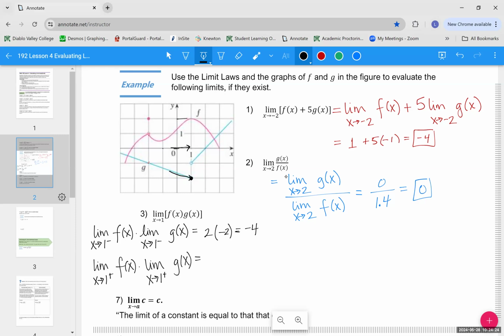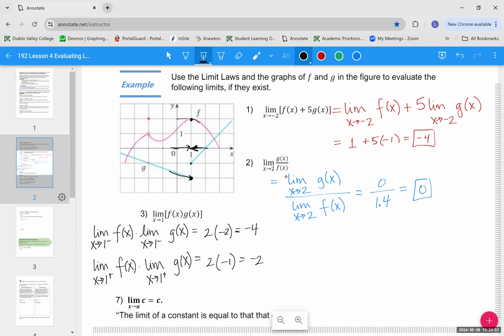So I think we mentioned this already. If I'm coming from the right, the f is still landing at that same value of 2. But now as I come from the right side, I am on the blue, the second half of the blue graph, and that is approaching that open dot there at -1.